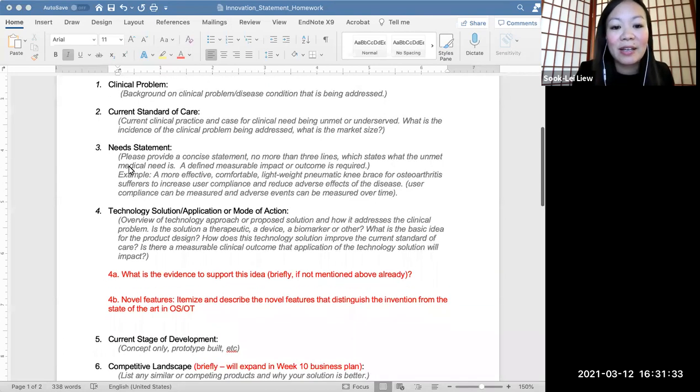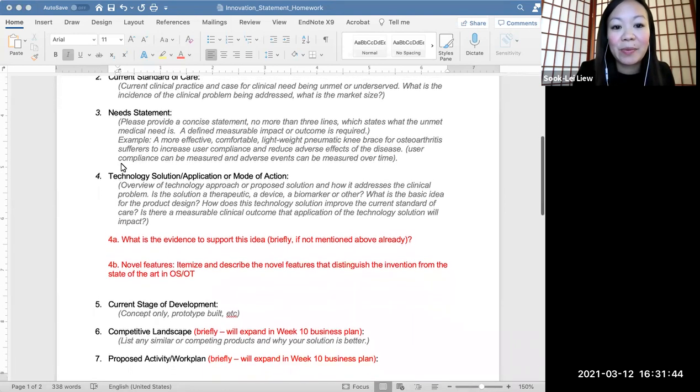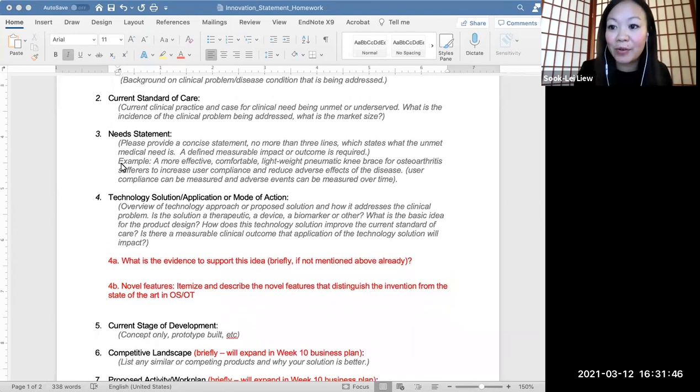Then we might say that the need is a more effective and engaging form of active therapy for people who have severe stroke, and maybe something that they could do at home on their own. So it gives them more agency and also allows them to engage in some sort of rehabilitative practice.